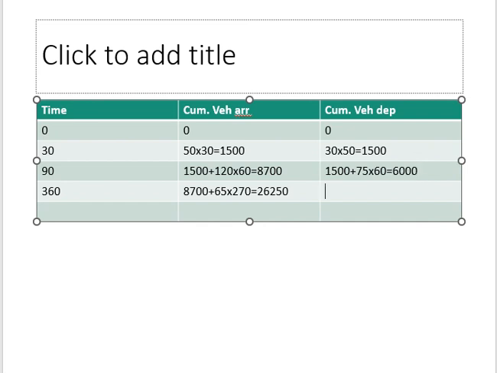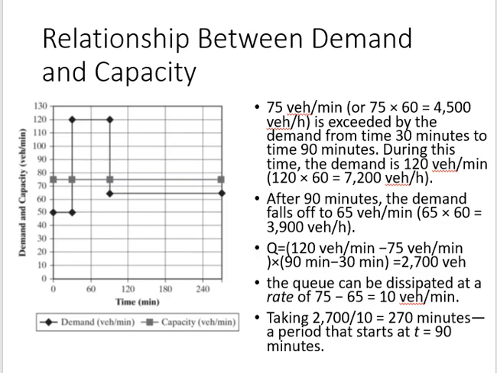Now what is happening in the next 270 minutes? At what rate are they leaving? Why 75? Why not 65? We have a queue, right? So 65 are the new, but 10 are leaving from the queue as well.